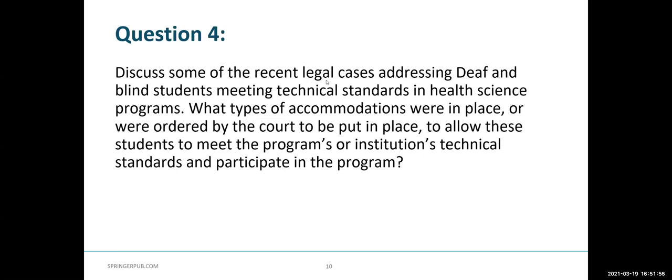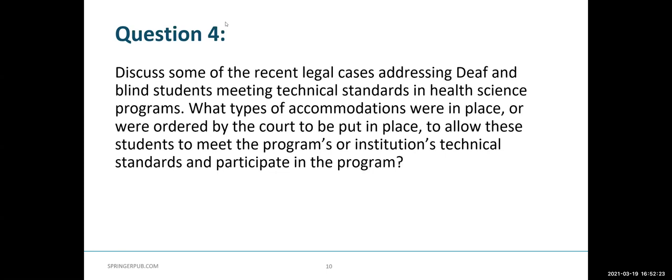But I just wanted to share that, as of up to date, I'm guessing, an estimated 4 or 5 legal cases have come up with deaf and hard of hearing medical students, and the majority of those have gone on to have intermediaries like designated interpreters or captioners with them.